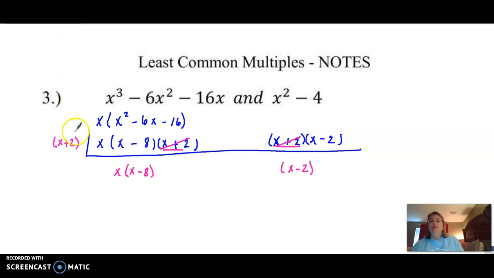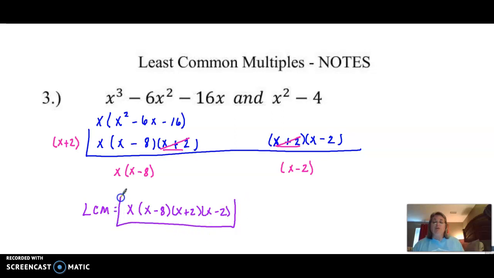So therefore, remember, our LCM comes from the L part of our little graphic organizer. So we have our LCM is the constant x, or the monomial, and then our x minus 8, our x plus 2, and our x minus 2. And remember, it doesn't matter what order you have your factors in, just so long as you have them all there.